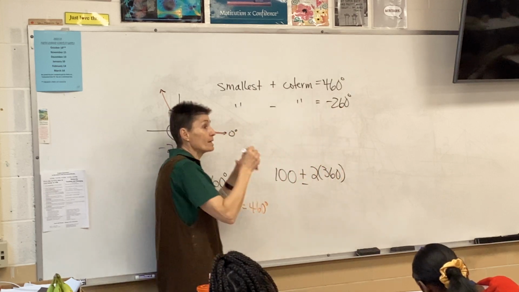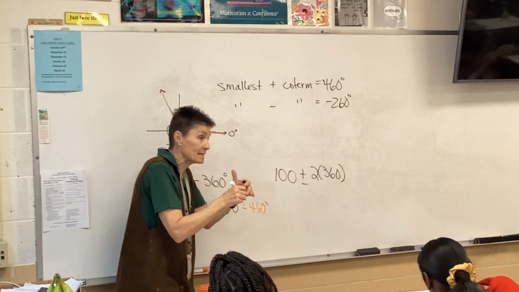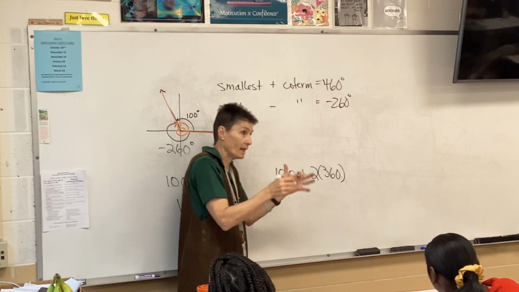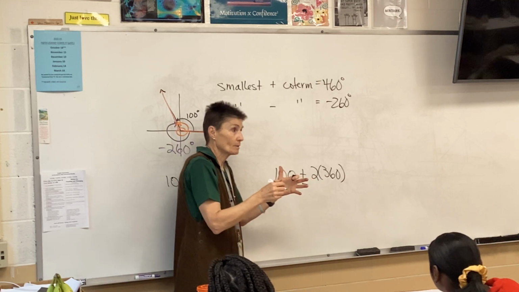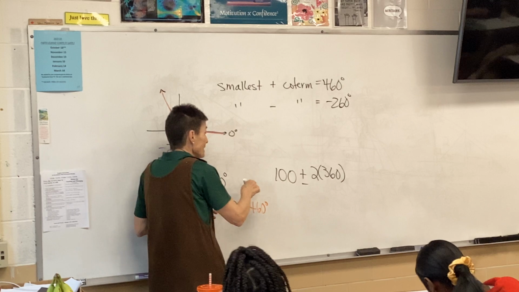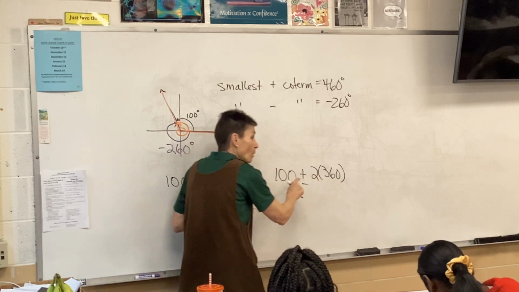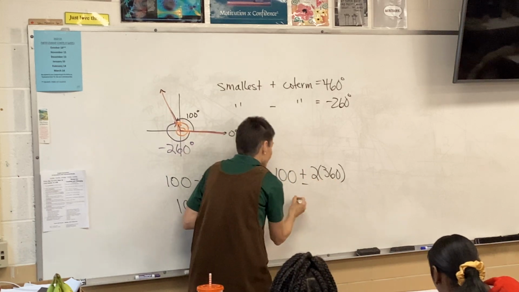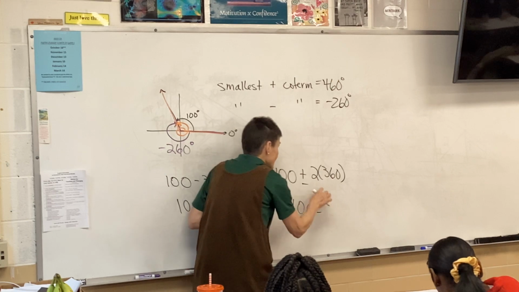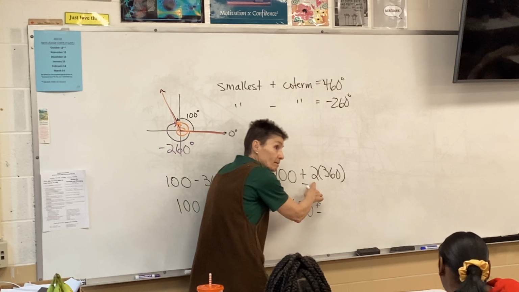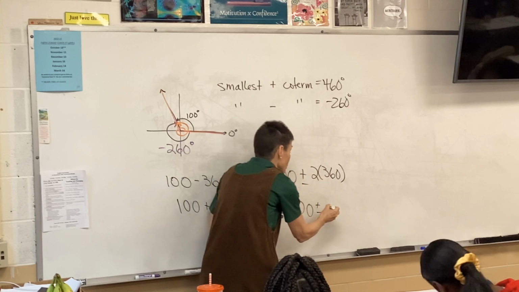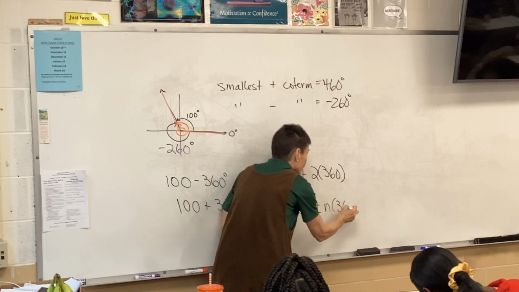But there are infinitely many other coterminal angles. And we would write those exactly the way we just did, except since this number could be anything, could be 2, it could be 3, it could be 4, I'm just going to call it n.